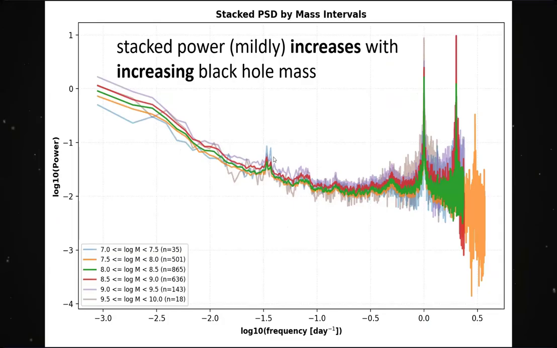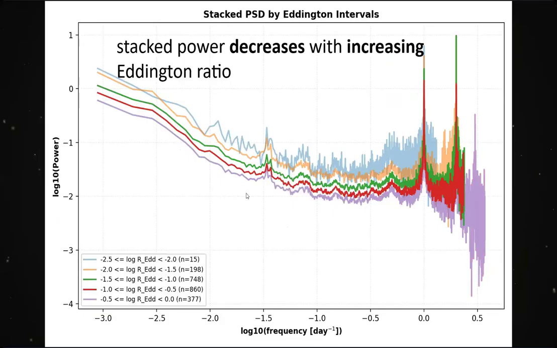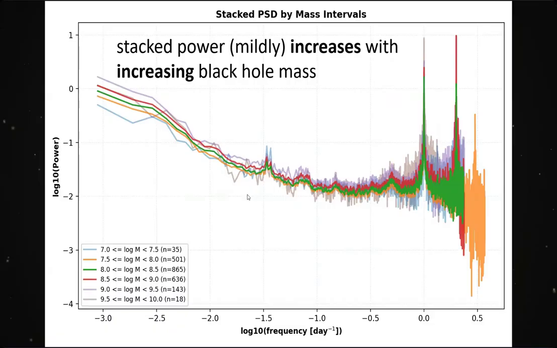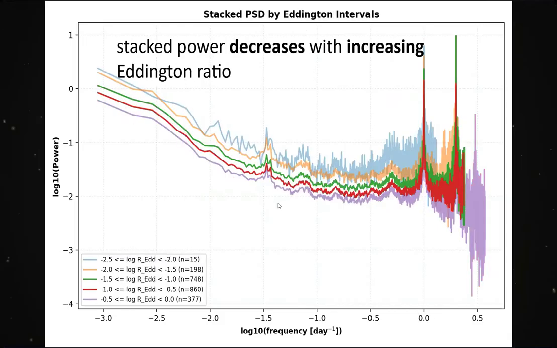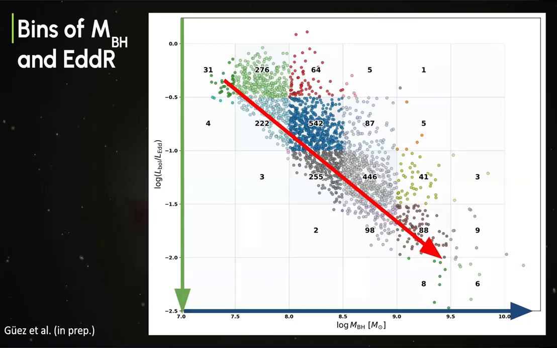I think one more back. Then maybe two. This one. The mass bins. Oh, the plot with the red arrow going from top left to bottom. Yeah, this one.